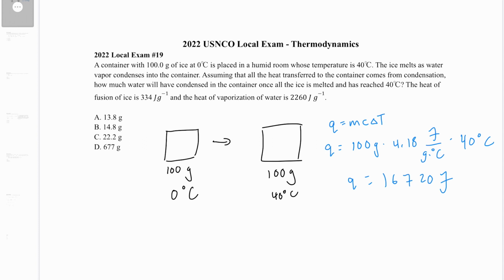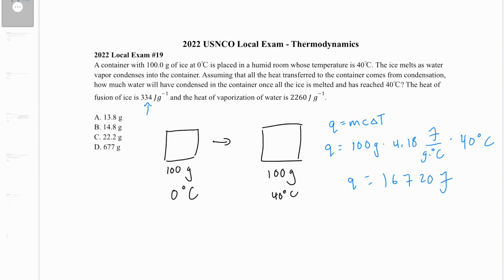There's another energy associated with it, and it's the energy required to take the solid water and liquefy it. That energy is the fusion of ice. The heat of fusion tells us that whenever you take ice to liquid form, you need 334 joules of energy per 1 gram of ice.